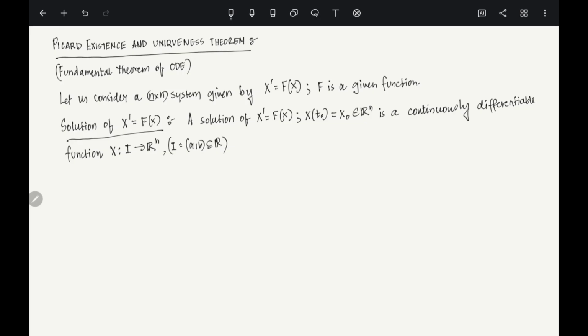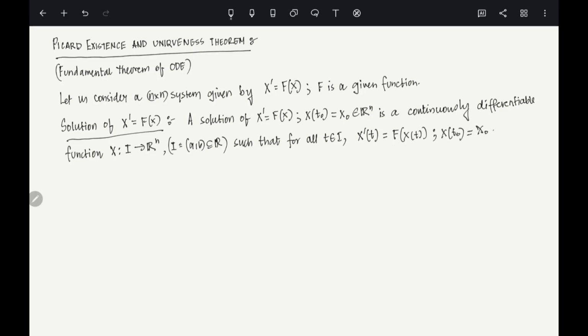Essentially, you are looking at a curve such that for all t in I, x prime of t equals F of x of t, and moreover x at the point t naught has to be x naught.